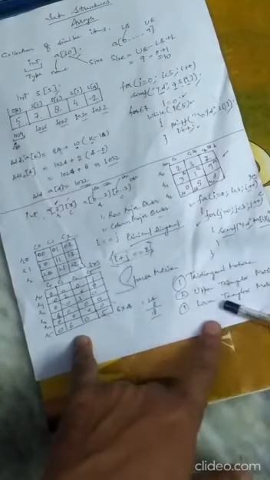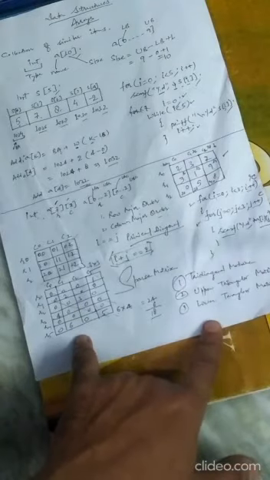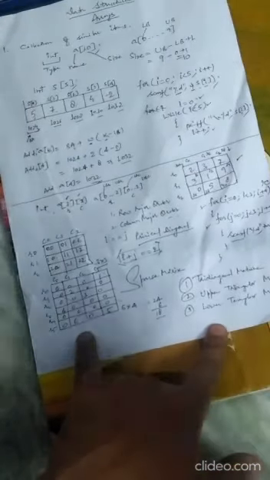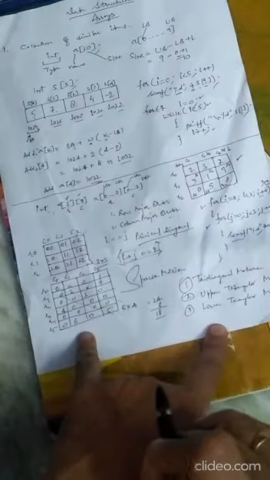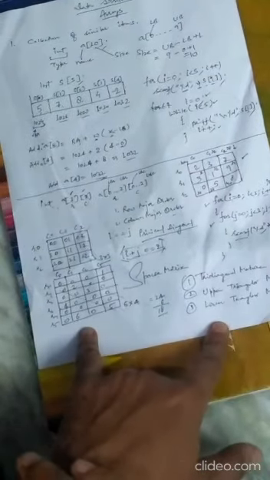So a matrix, or we can say a sparse matrix, which has all non-zero elements above the principal diagonal, and rest of all elements are zeros, such a matrix is known as an upper triangular matrix.